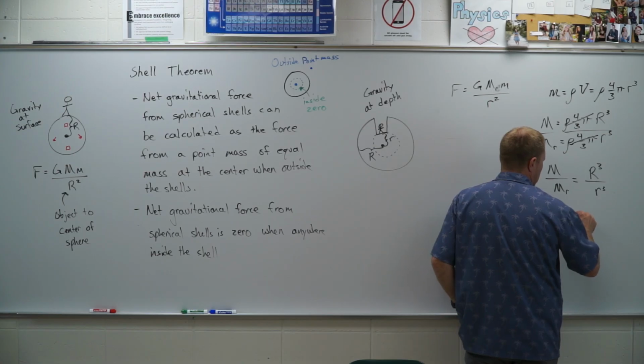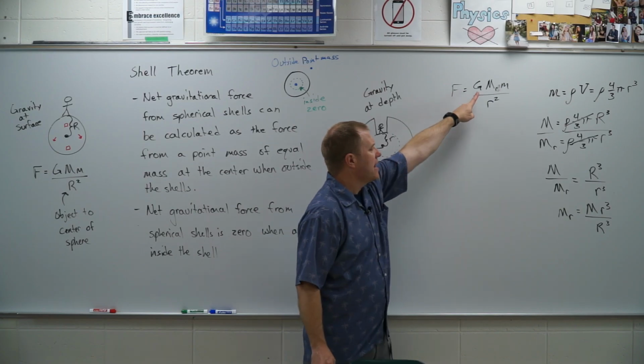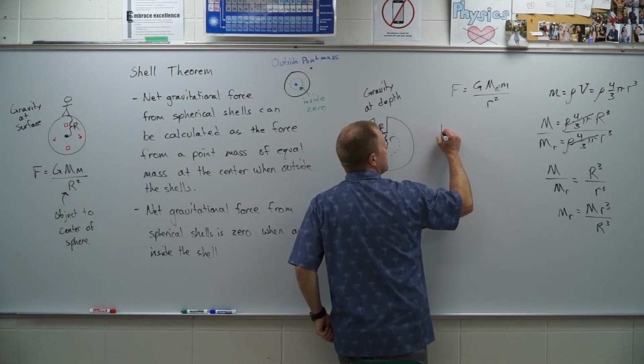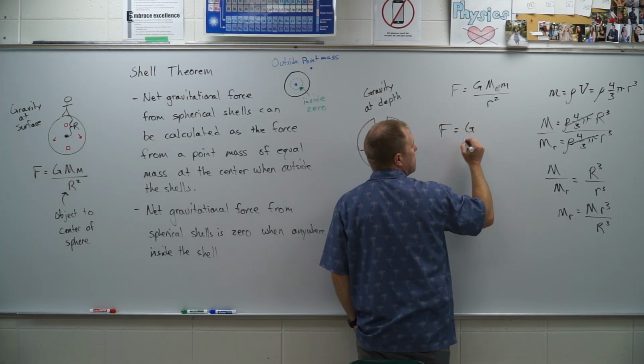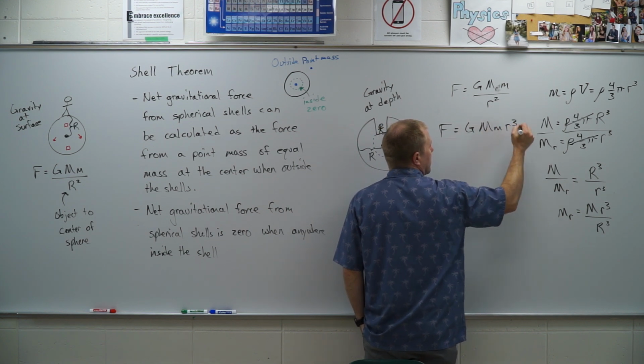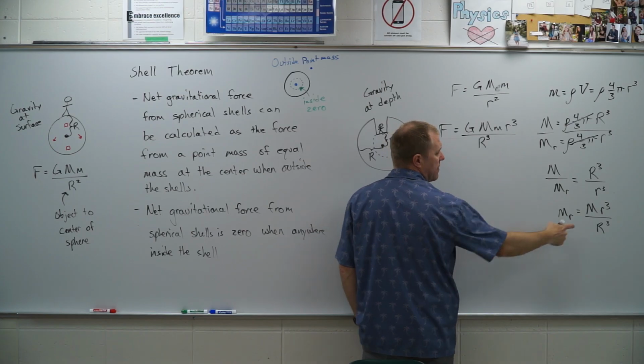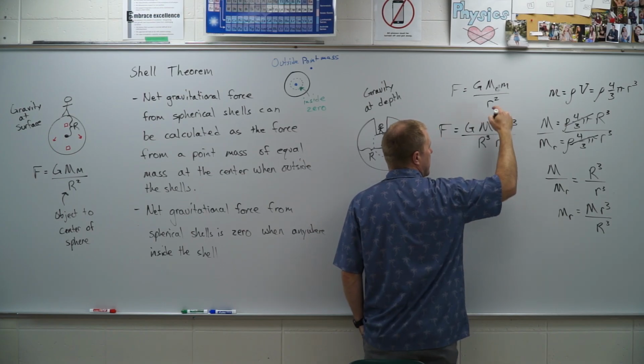So m r is going to be capital M little r cubed divided by capital R cubed. And I'll make that substitution here. So now I can say that the force is equal to big G times big M, little m, times that little r cubed divided by big R cubed, and then we have an r squared here still.